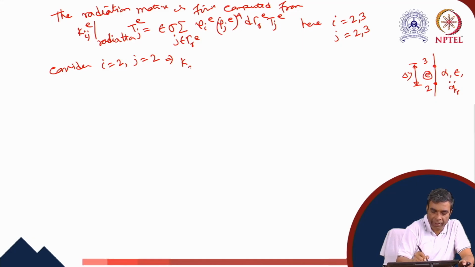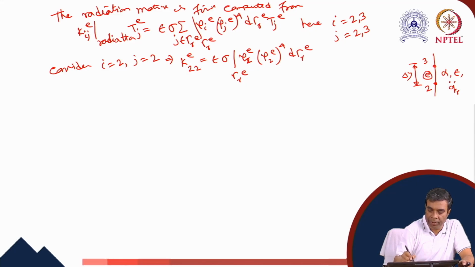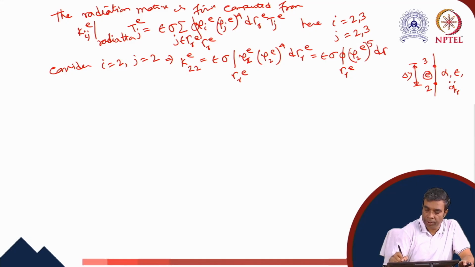So this is K22E equals to epsilon sigma integration along gamma RE psi 2E to the power 4 d gamma RE equals to epsilon sigma integration along gamma RE psi 2E to the power 5 d gamma RE.